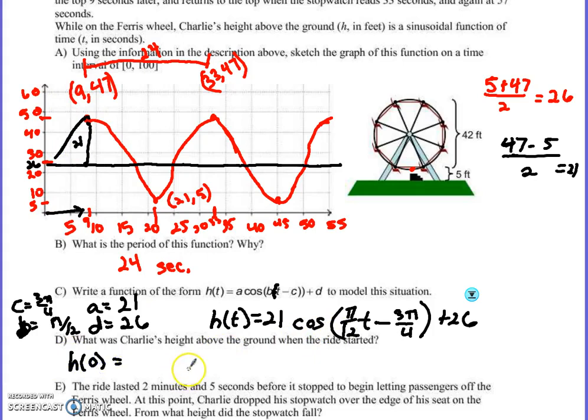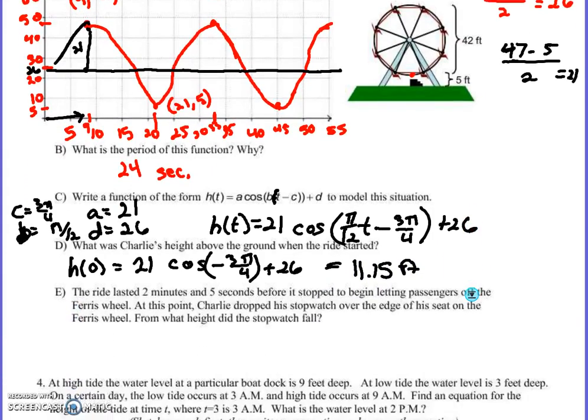H of 0 is 21 times cosine of pi over 12 times 0, which is 0, minus 3 pi over 4, plus 26. And if you type that in on the calculator, I trust that you know how to type things on the calculator, you're going to get 11.15 feet. So by typing that in on the calculator, we get 11.15.